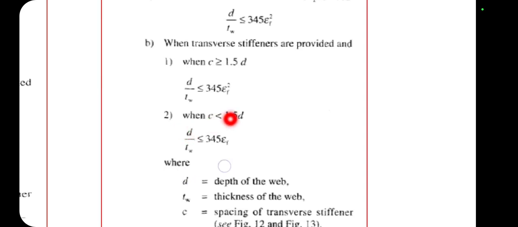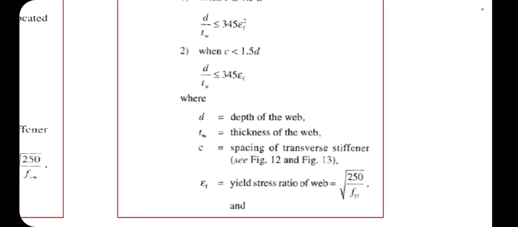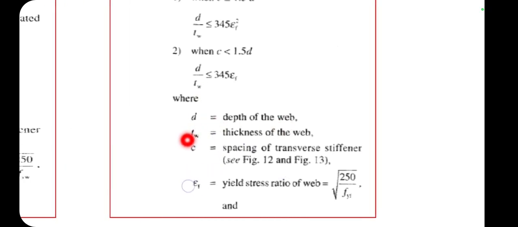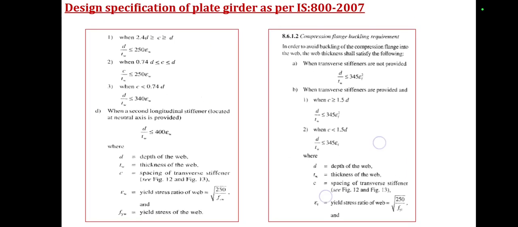Then when c is less than 1.5d, d by tw is less than or equal to 345 epsilon f, where d is the depth of the web, tw is the thickness of the web, c is the spacing of the transverse stiffeners, and epsilon f is the ratio of 250 divided by fyf.